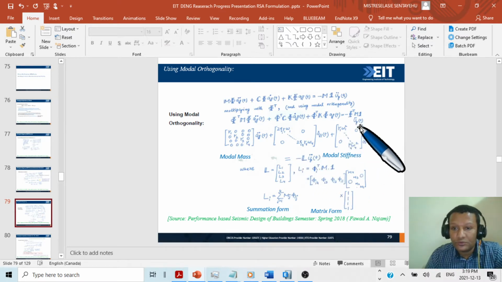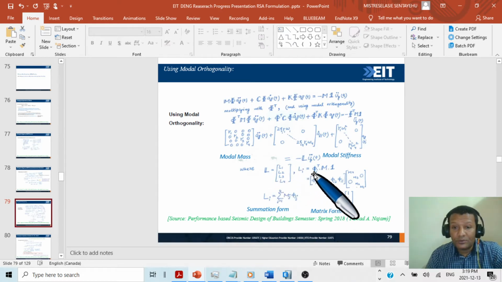Minus L times ug double dot. So L is equal to phi transpose times m times 1. This one we change into minus L.